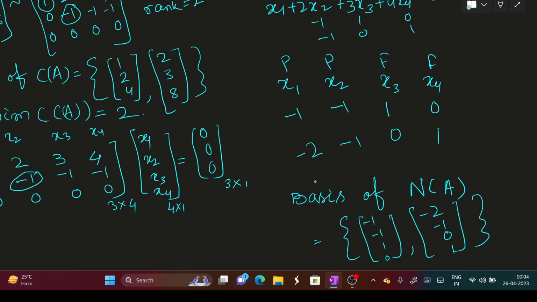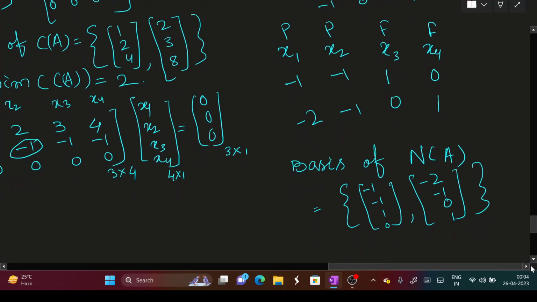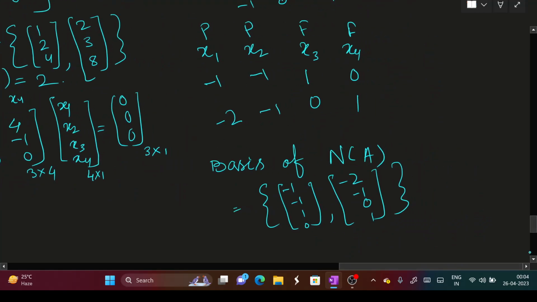So we got the basis of the null space. Also, to find the basis of the left null space, we have to take the transpose of A, then apply all the process involved in finding the basis of N of A. With this we should conclude this video.